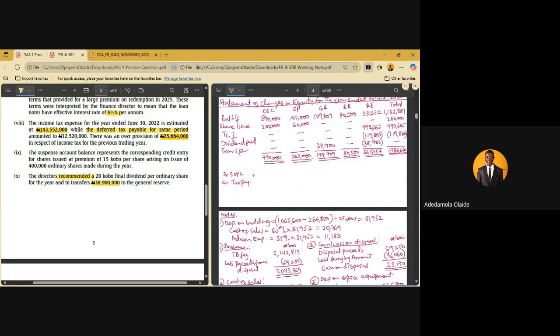So let's say we made provision of 100,000. When we wanted to pay, we did our tax computation and realized that we are only to pay 88,000. What do we do? We debit our tax payable accounts with 88,000 and credit our bank with 88,000.